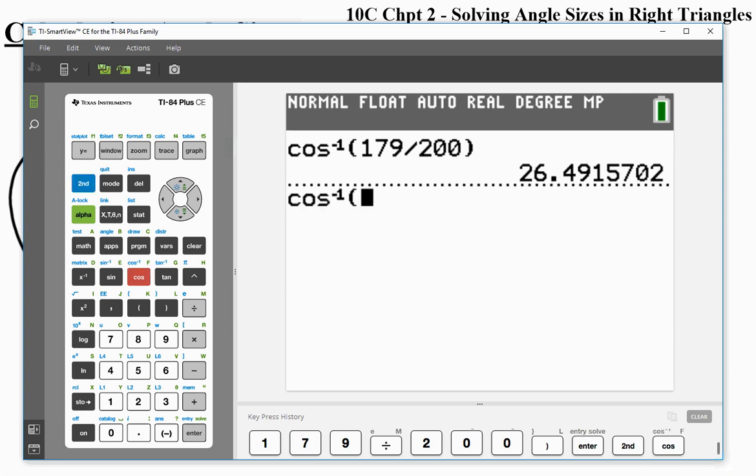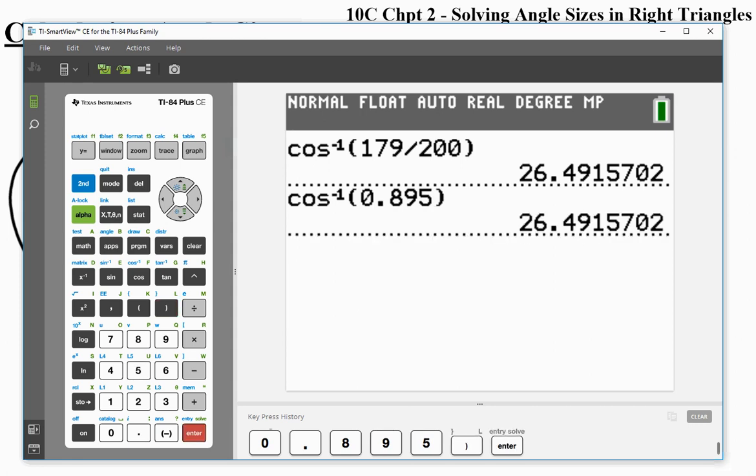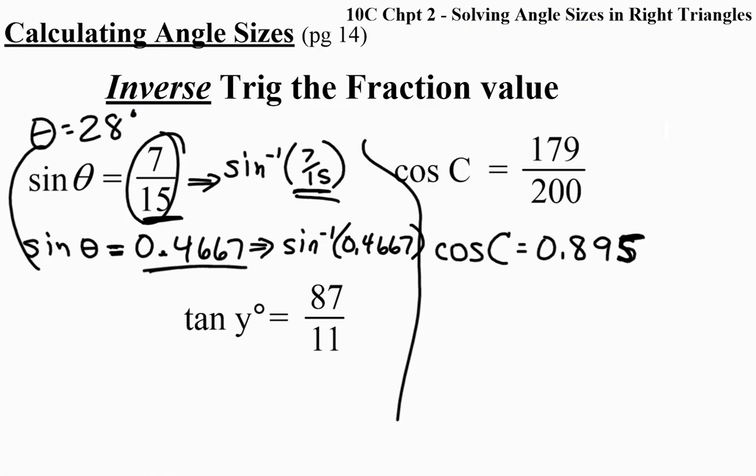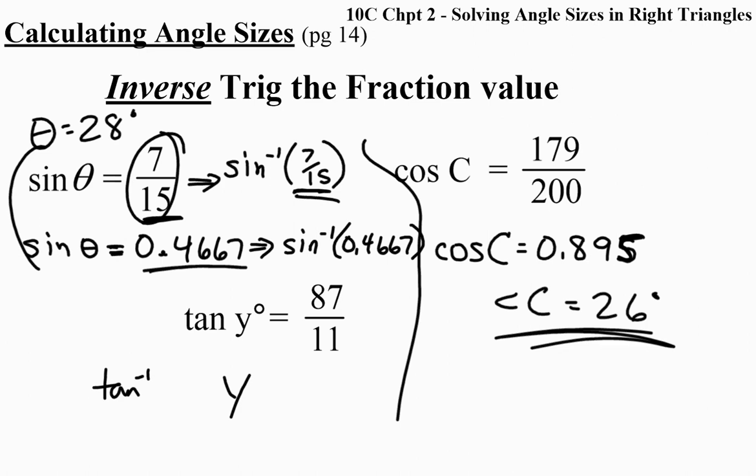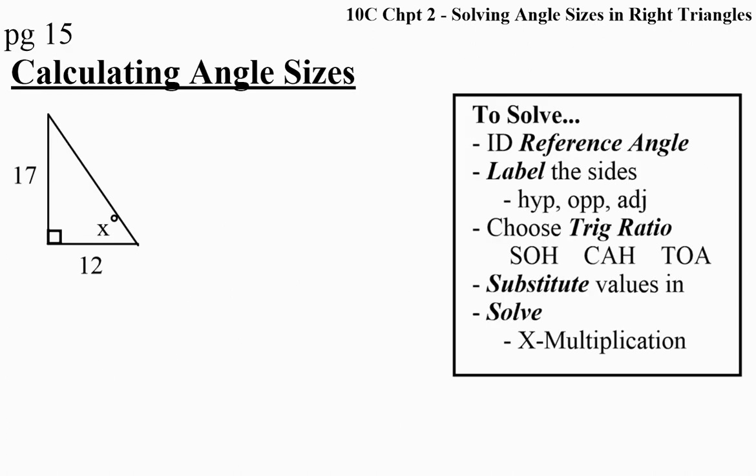If I do second cosine of the decimal equivalent, 0.895, we get the exact same angle, a 26-degree angle. Angle C is 26 degrees. So tan Y, you can check that one, both work. But if I were to do tangent Y inverse, I would just punch in the 87 over 11 because I can on my calculator, and we get Y to equal 83 degrees. So that's the key for calculating angle sizes.